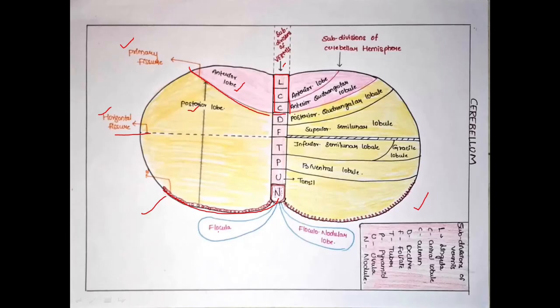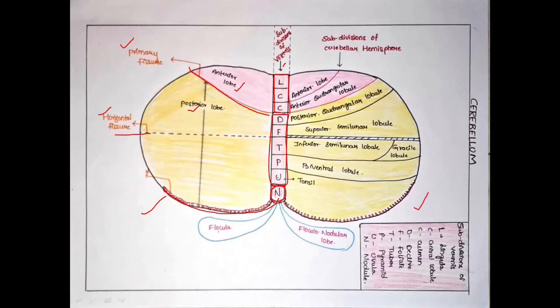Thereby, you could identify the other subdivisions of the vermis corresponding to the posterior lobe, DFT-PUN. So you can remember: declive, foliate, tuber, pyramid, and uvula. And the N stands for the nodule.